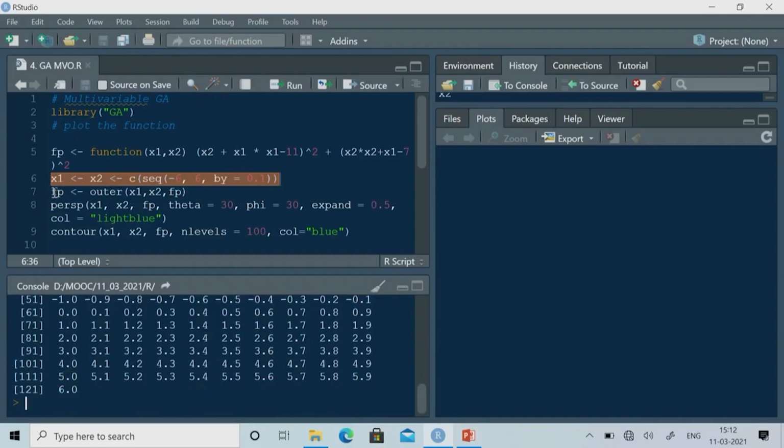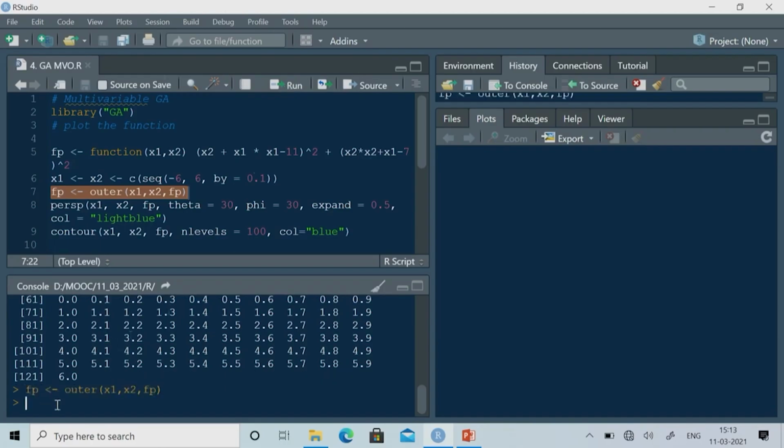Now I would like to find the function value at each grid point. For that I am using the outer function. This is outer, where x1 and x2 and the fp function are taken, and it will calculate the function value at each grid point. Now let me execute this one. You can see this is the fp result.